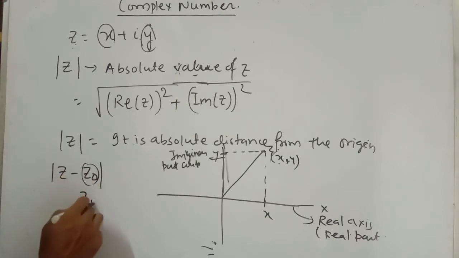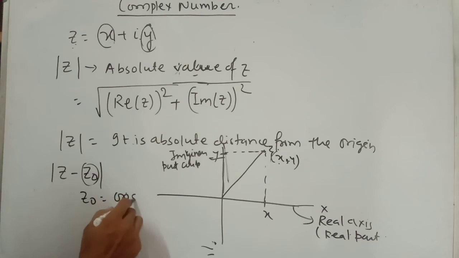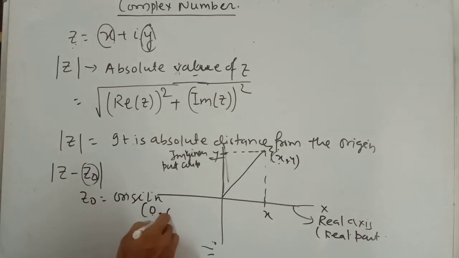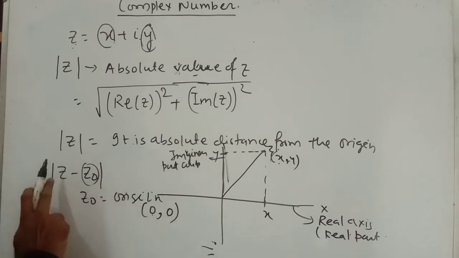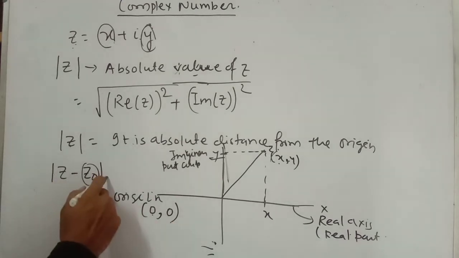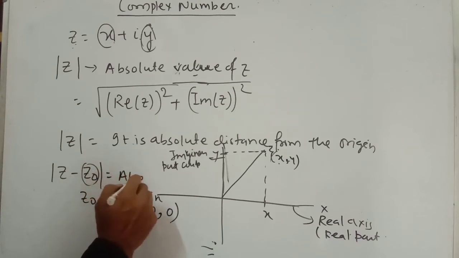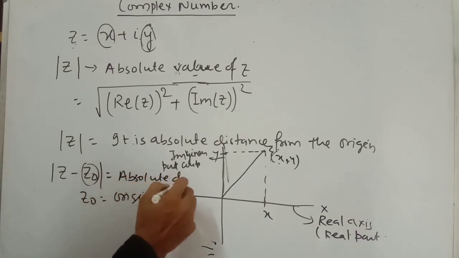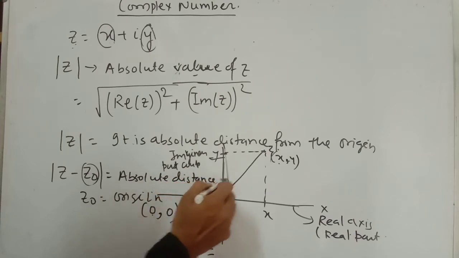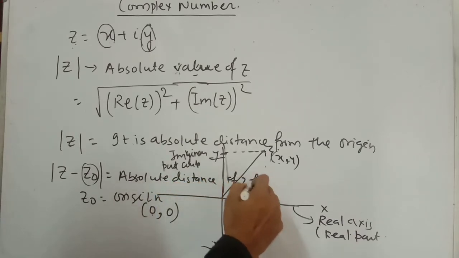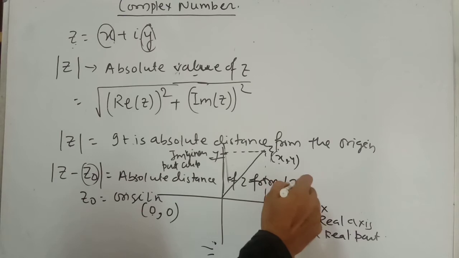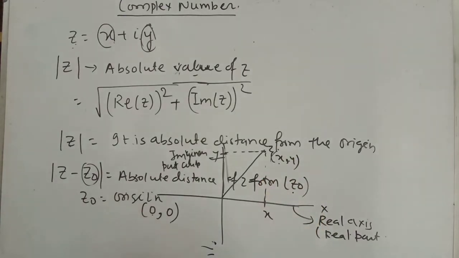Here z0 is the origin, which means the real part is 0 and the imaginary part is 0. The modulus of z minus z0 is called the absolute distance of z from z0. Z0 may be either the origin or any other complex number.